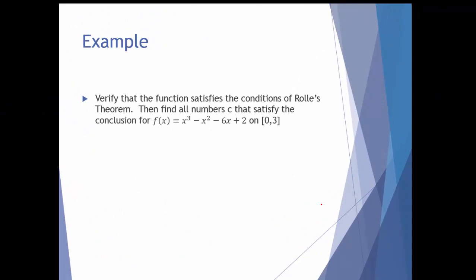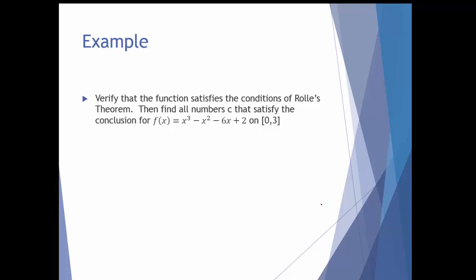If we wanted to take a look at a quick example on working with these algebraically, let's say we wanted to verify that the function satisfies the conditions of Rolle's theorem, and then find all numbers c that satisfy the conclusion for f(x) = x^3 - x^2 - 6x + 2 on the interval from 0 to 3. Okay, so notice the wording of the question.